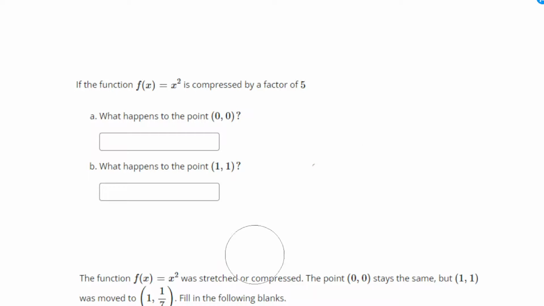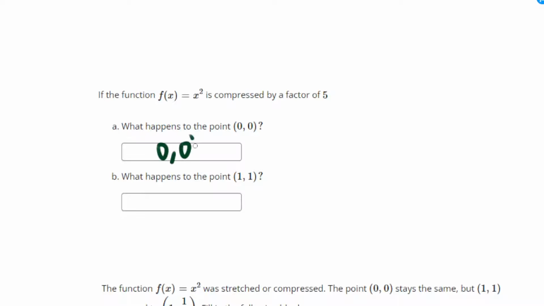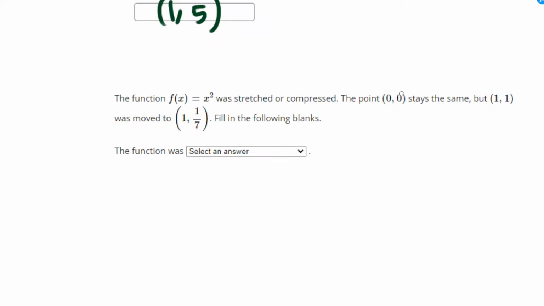We know that the stretch factor and the compression factor only affect the y value, and the y value is multiplied by that factor. So in this case, we'll do 0 times 5, and that will give us 0, 0. Our x value will stay the same, and then 1, 5, because 1 times 5 is 5.